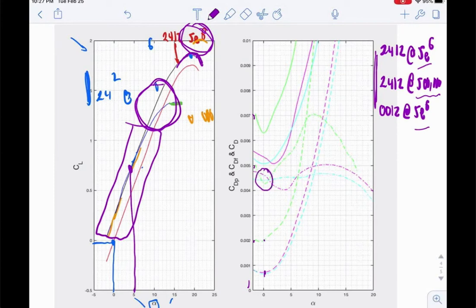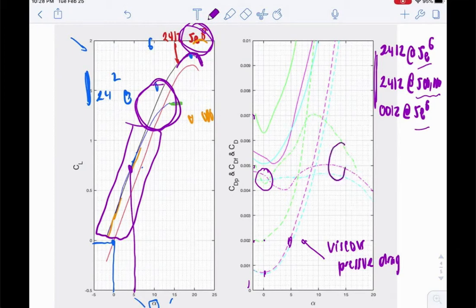So this tells me that the viscous pressure drag must be the dashed lines, because it starts small at low angles of attack, but then you can see it rapidly rises right around 5 degrees here. We see those dashed lines jump up, and by the time we get to 8 degrees, they're larger than any of their counterparts.